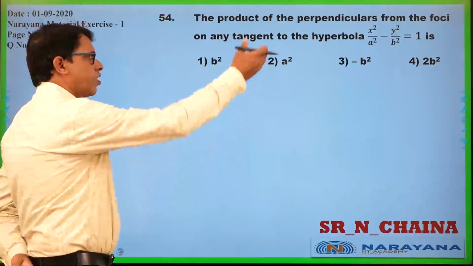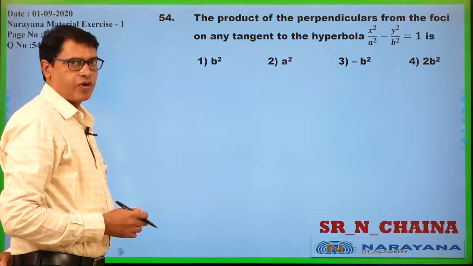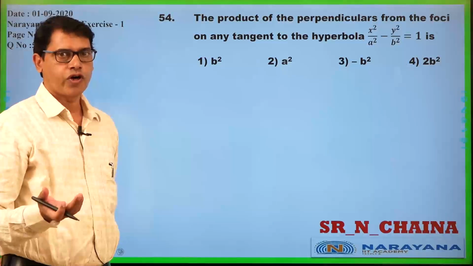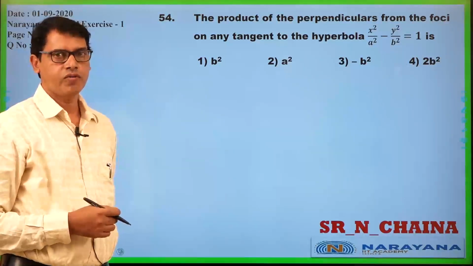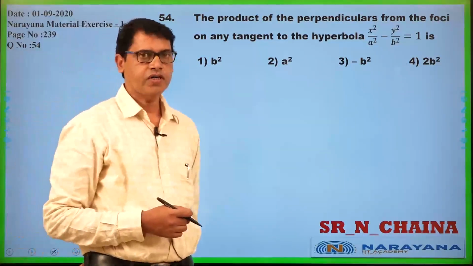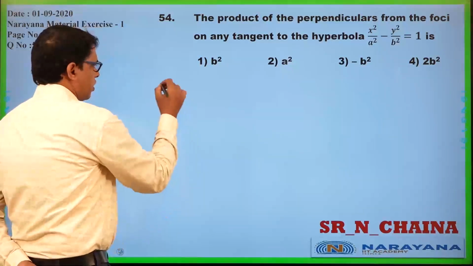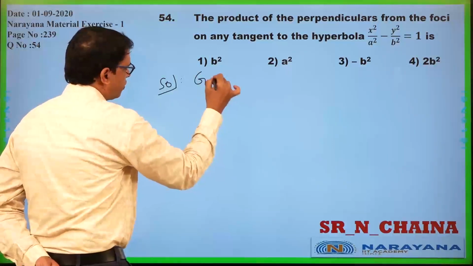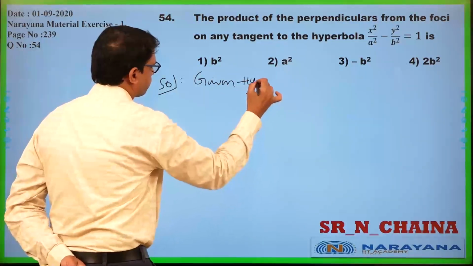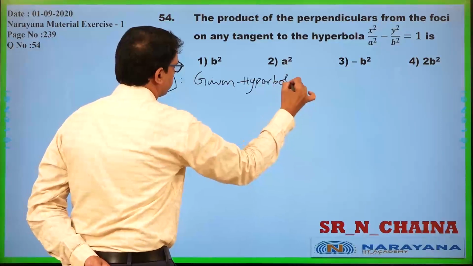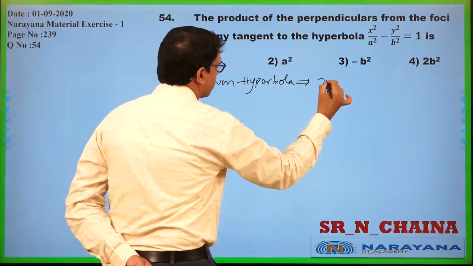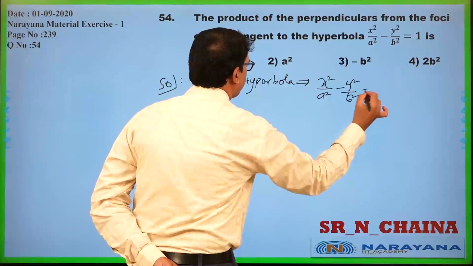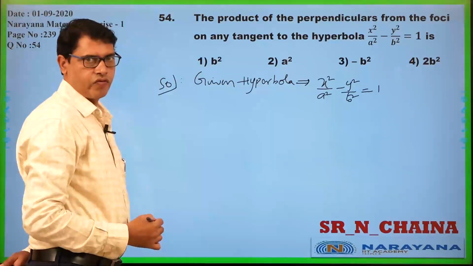See first, obviously the hyperbola is in the standard form. We know the foci are plus minus AE comma 0. So first, write the hyperbola in the standard form. So given hyperbola implies x square upon a square minus y square upon b square equals 1.